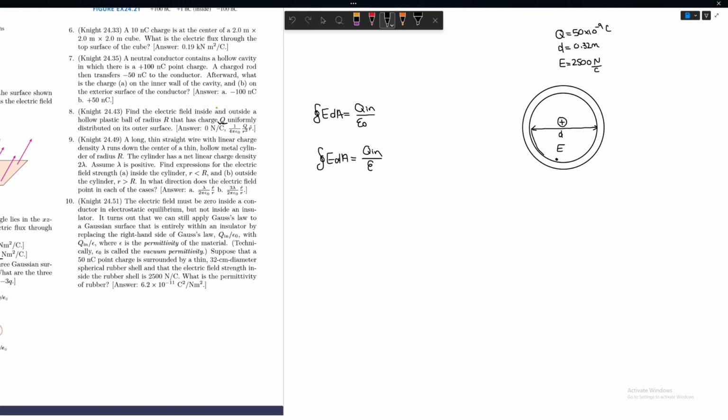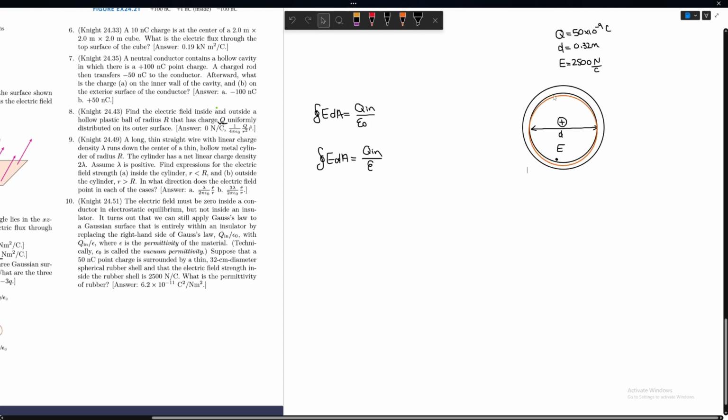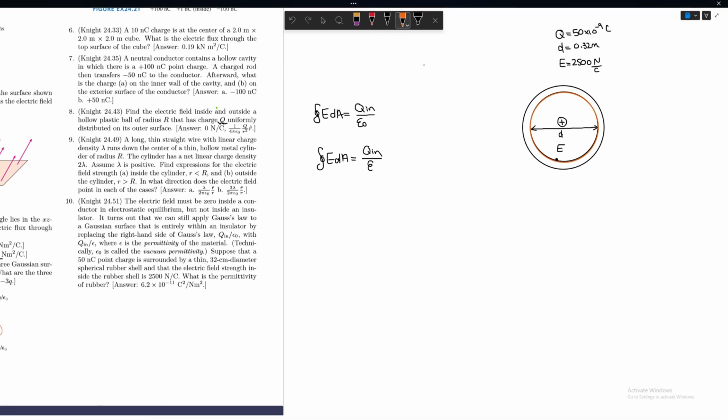So if I take Gauss's law, I take this whole thing on the inside here, and actually I'll use a different color for it. I use this as my Gaussian surface, right? There you go. So if I take this as a Gaussian surface, then the equation is still the same.